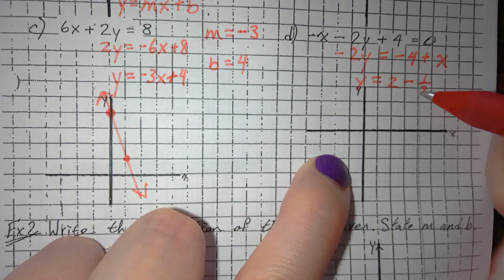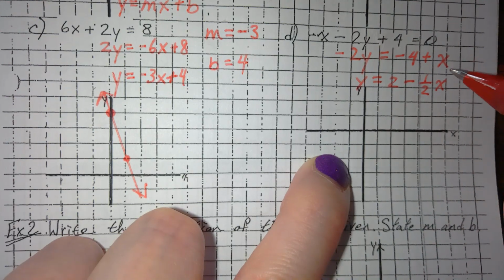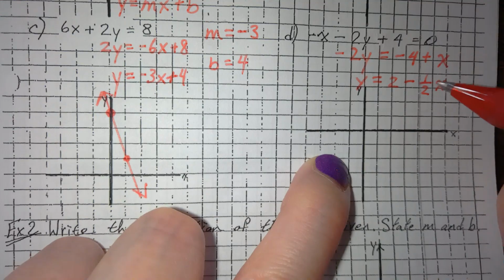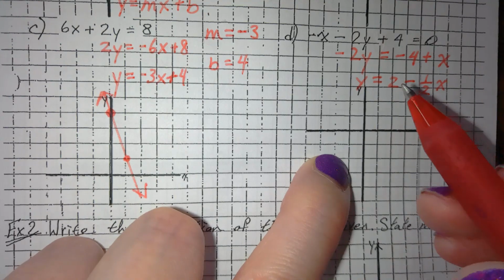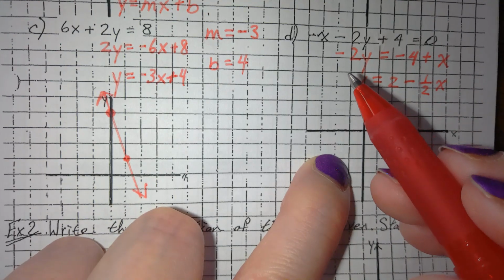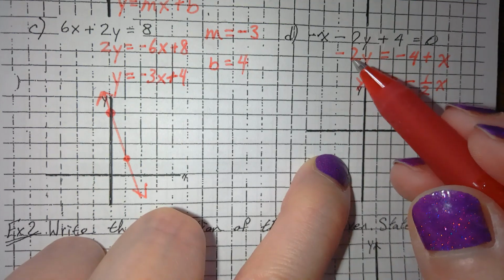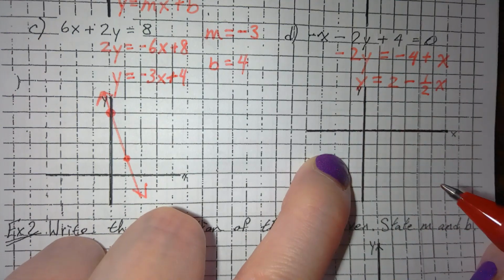Right, negative half x. If you do x divided by negative 2, remember there's a number 1 in front. It's minus because you're dividing everything by negative 2. So don't change it to positive because you're already doing the opposite, which is divide.